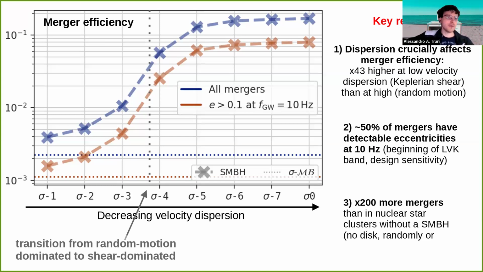Sampling these parameters and then calculating the merger efficiency, which is basically the fraction of simulations in which a merger happens, I can calculate this efficiency, yes. And it's chaotic, right? It's chaotic, exactly. If I change the parameters a bit, it will be very hard to average, or no?